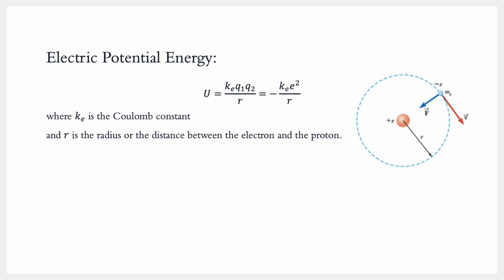Consequently, the electric potential energy is equal to negative ke squared over r, where k is the Coulomb constant and r is the radius or the distance between the electron and the proton. The negative sign arises from the charge negative e on the electron.